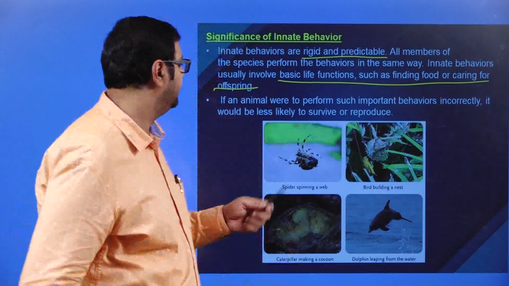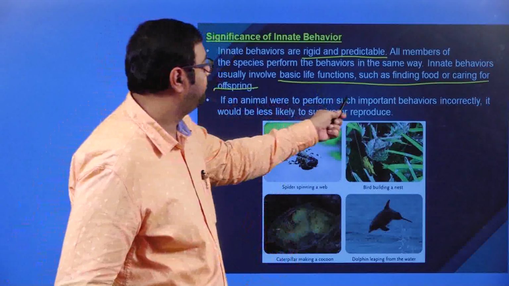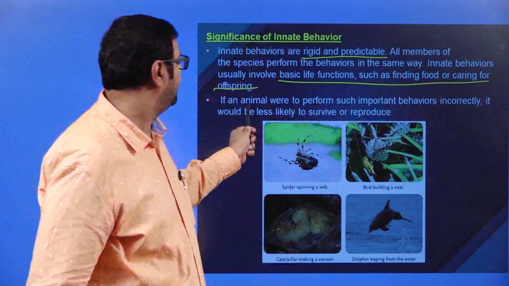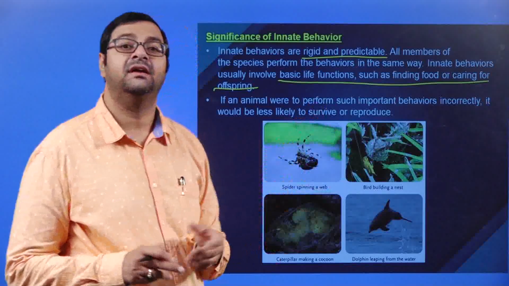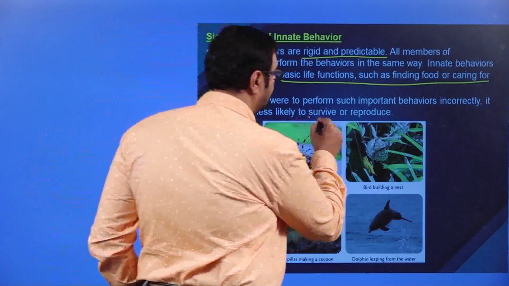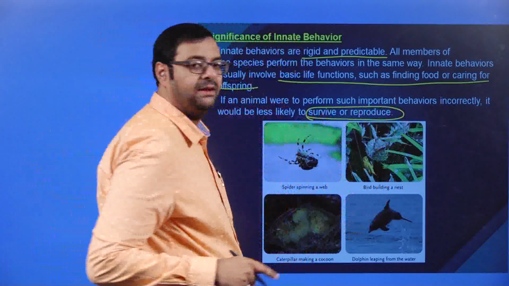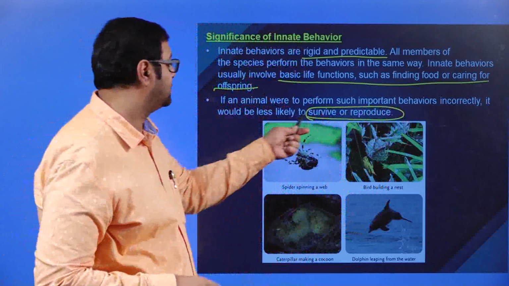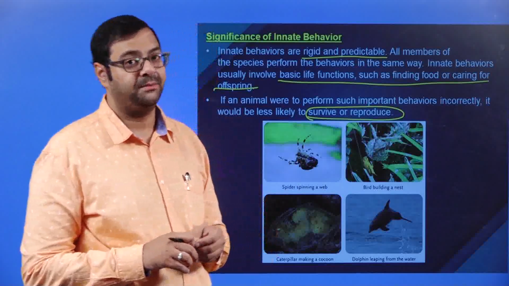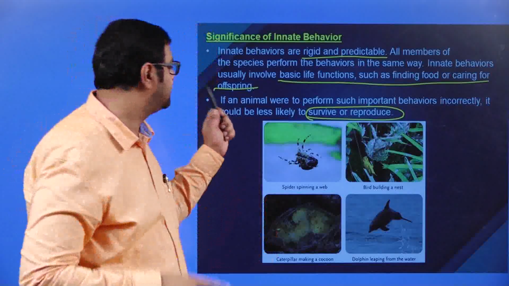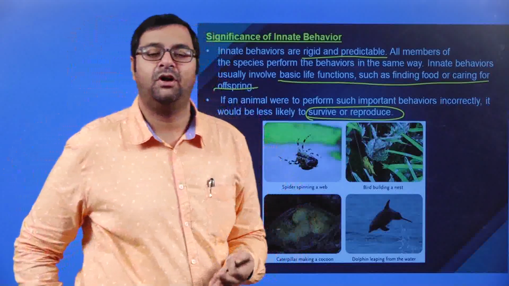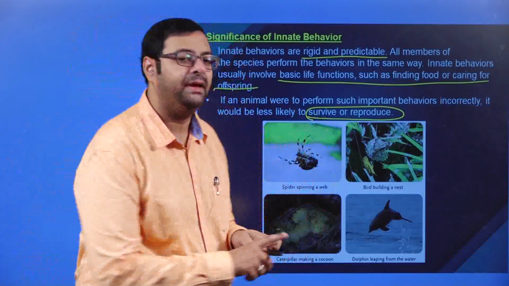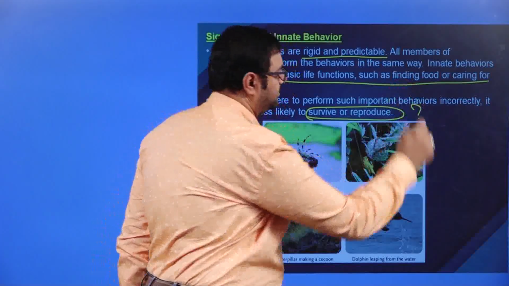Then, if an animal were to perform such important behaviors incorrectly, it would be less likely to survive or reproduce. Now this is very, very important. For animals to survive, or for their generations to continue, they have to survive and reproduce. So if these behaviors are not performed perfectly, then this will be a big question mark.